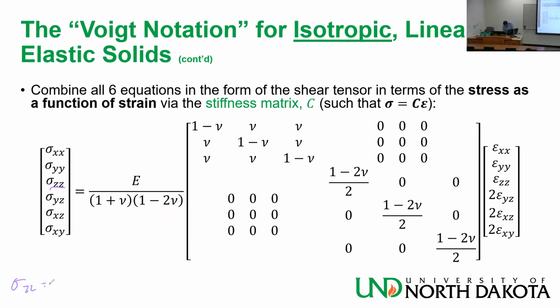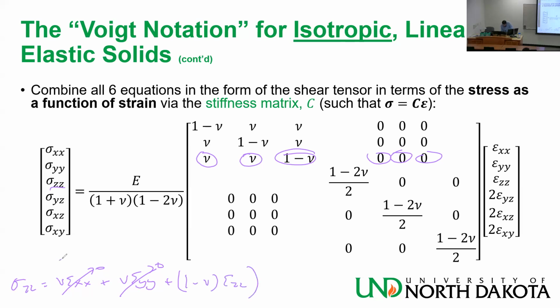Sigma zz equals, we're going to take the third row. So ni epsilon xx goes to 0, plus ni epsilon yy goes to 0, plus 1 minus ni times epsilon zz, everything times E over 1 plus ni times 1 minus 2 ni.